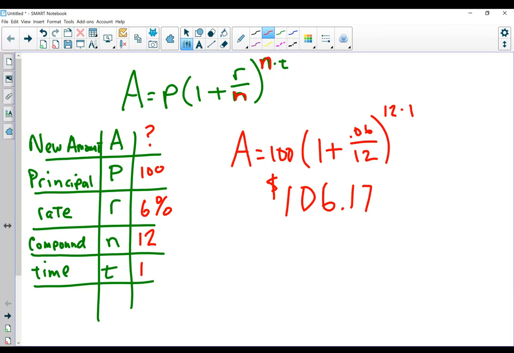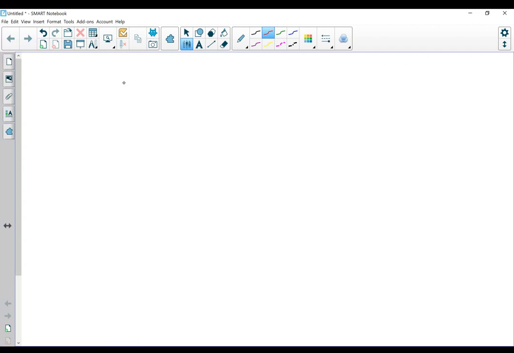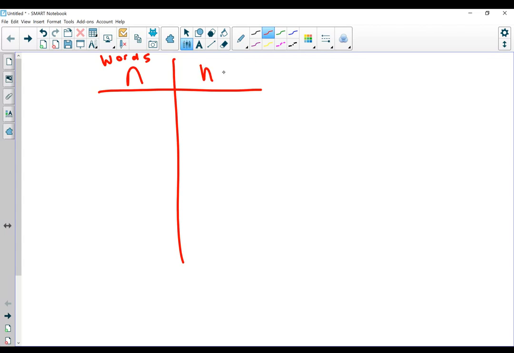So when I do these problems, you're going to have to look for a keyword that tells you what n is equal to. So now here's going to be a chart for what n is. This will be n with words and n as a number. When they say monthly, the question is, how many months are in a year?